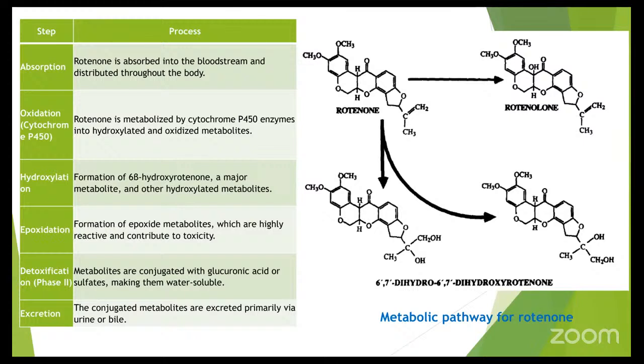Coming to the metabolic pathway of retinol, here you can see the steps and the process involved. The initial metabolism of retinol occurs mainly by oxidation at the 8', 6 and 6, 7, and 12 positions on the methoxyl group as shown. A combination of these reactions gives many more metabolic products.